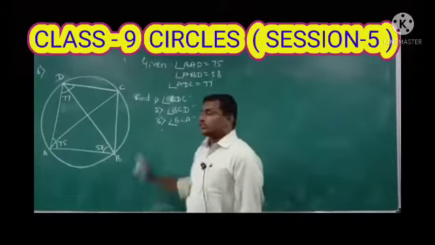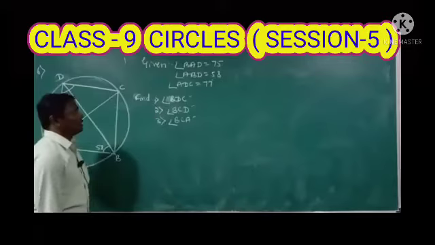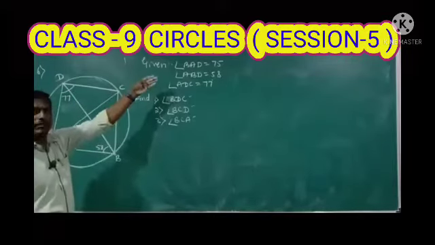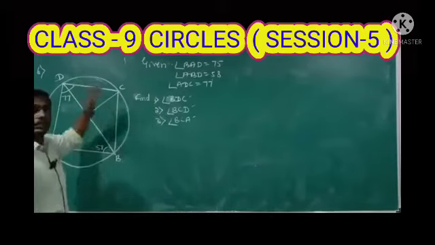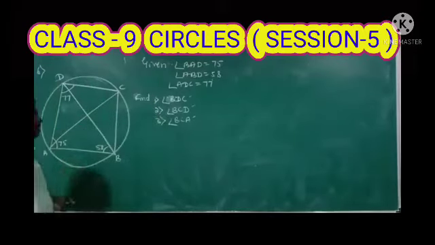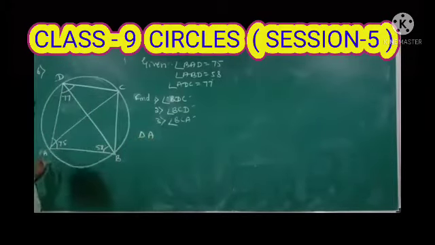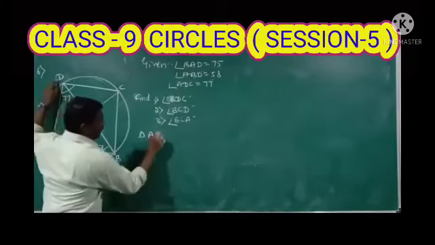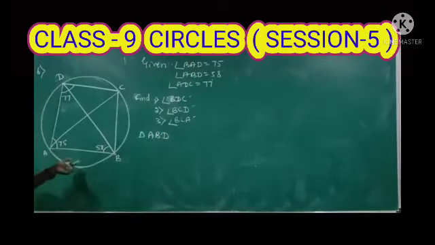Okay, so these are the given data and you need to find three angles. Three angles are already given. By using those three angles, you need to find three more angles in the given cyclic quadrilateral. First consider the triangle ABD. In triangle ABD, the sum of the individual angles in a triangle is always equal to 180 degrees.